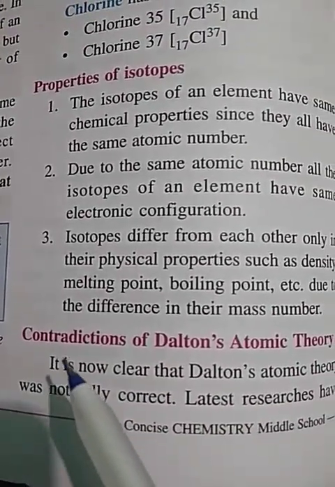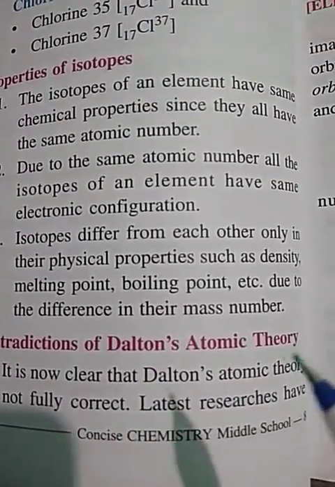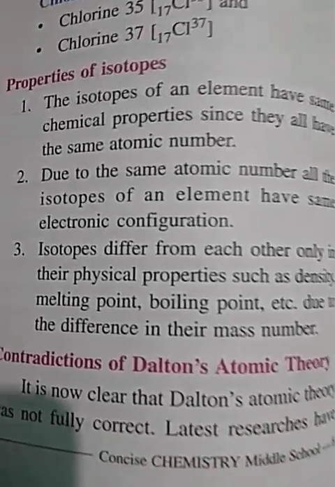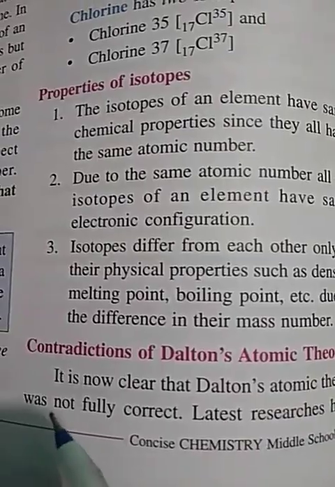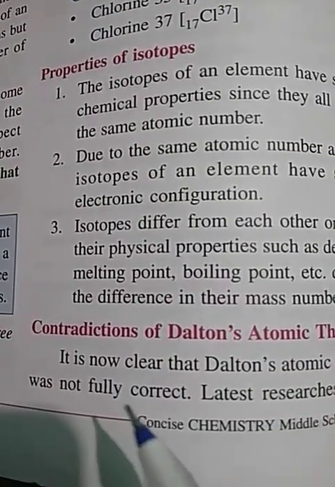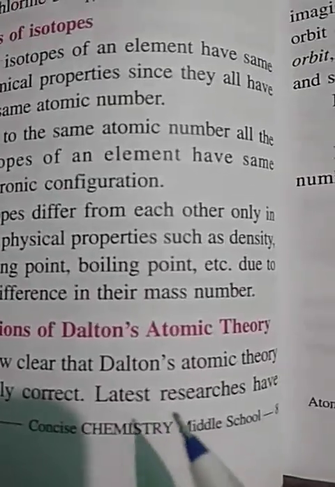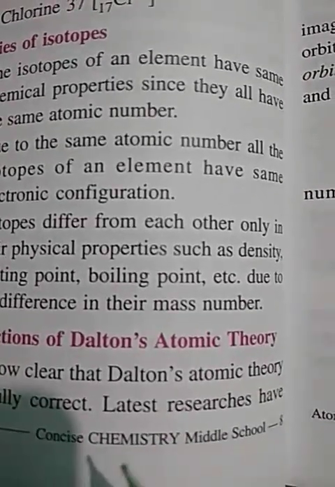Now today we will see contradiction of Dalton's atomic theory. It is clear that Dalton's atomic theory is correct but not fully correct. Why not fully correct? We will see one by one.